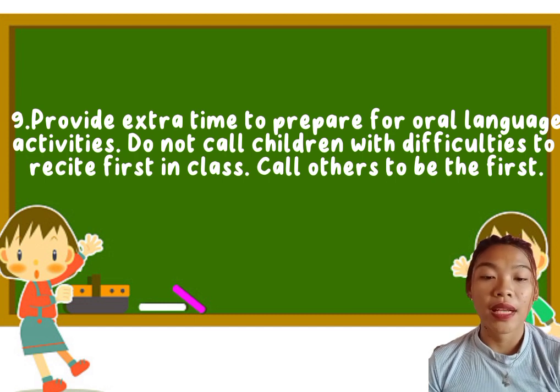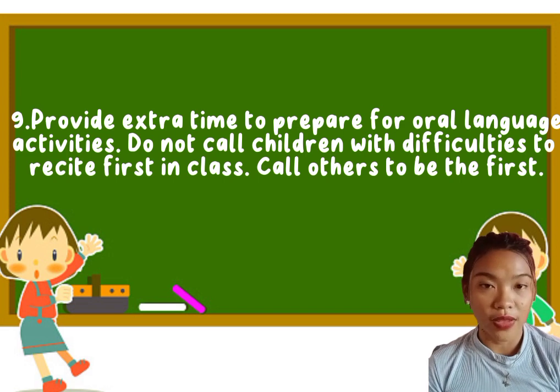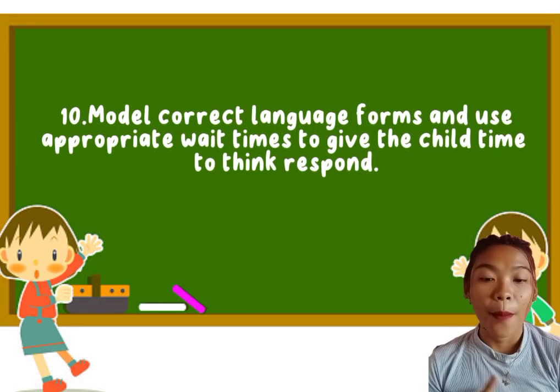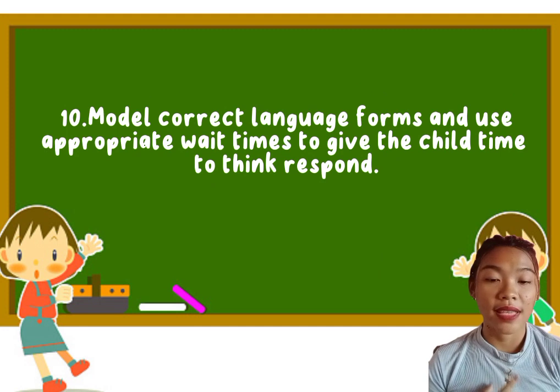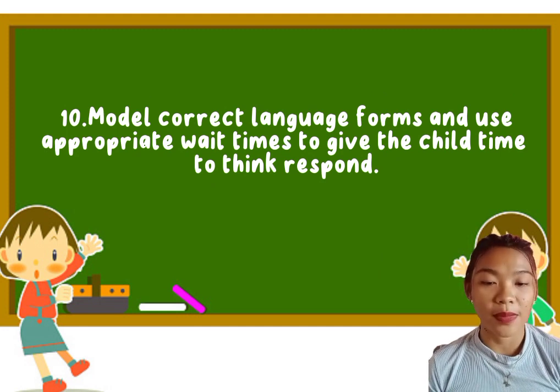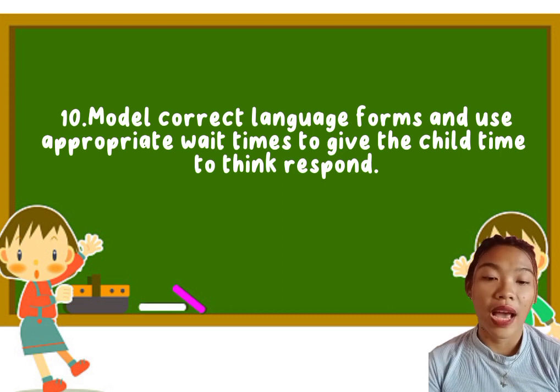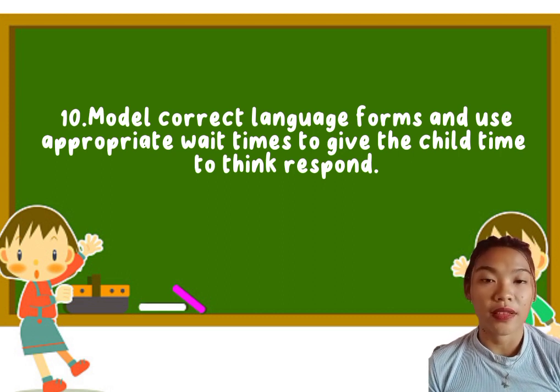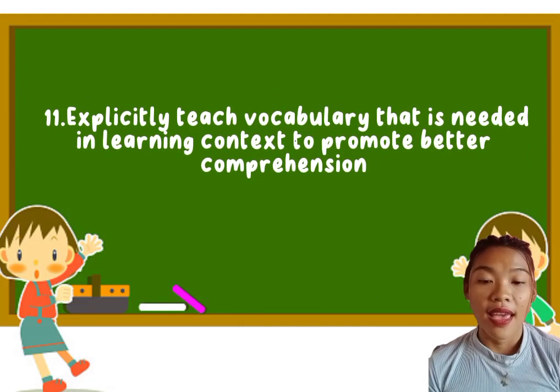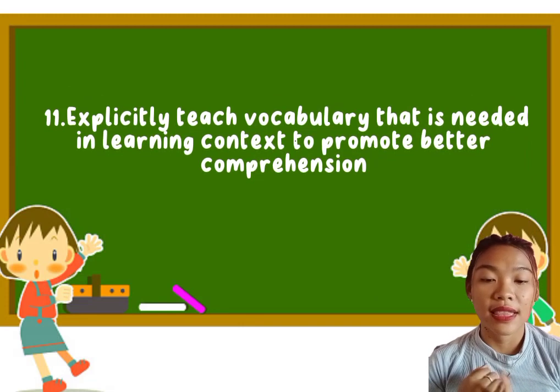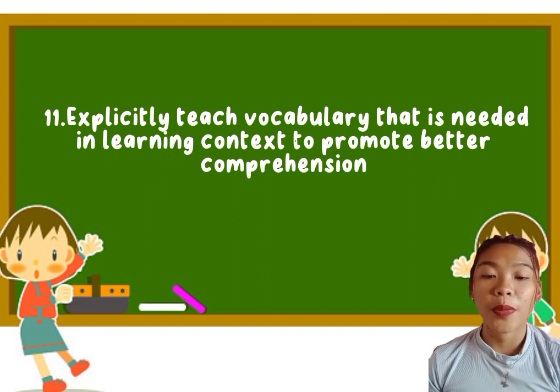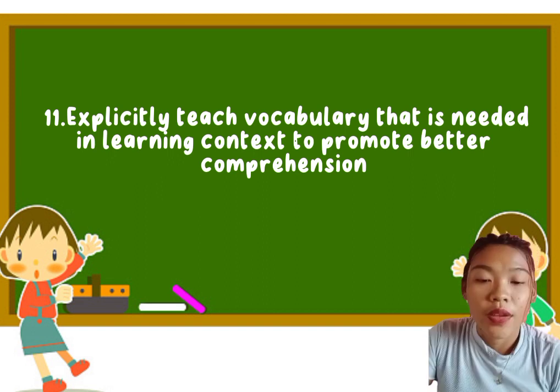Call other typically developing children first to serve as language models. 10. Model correct language forms and use appropriate wait times, 3 to 5 seconds or more, to give the child time to think and respond. And lastly, explicitly teach vocabulary that is needed in the learning context to promote better comprehension.